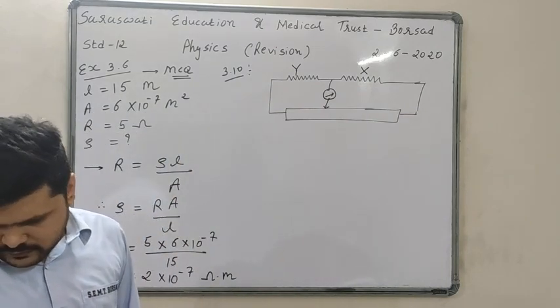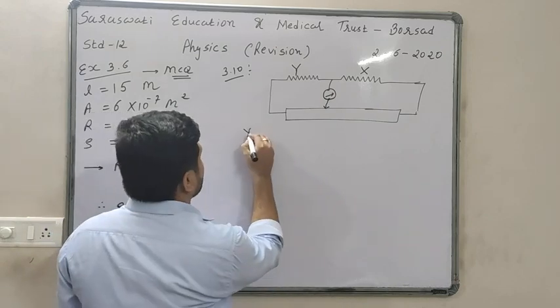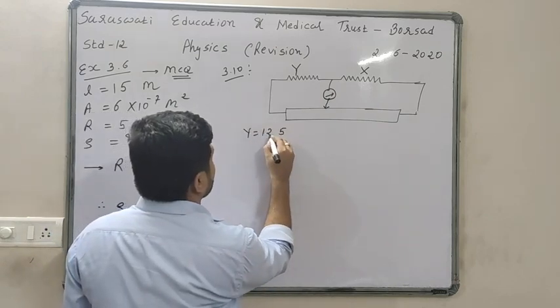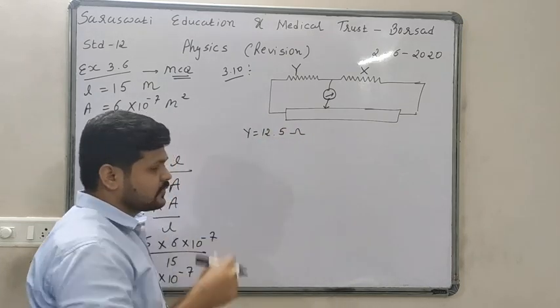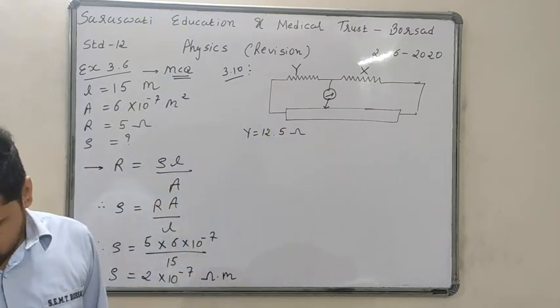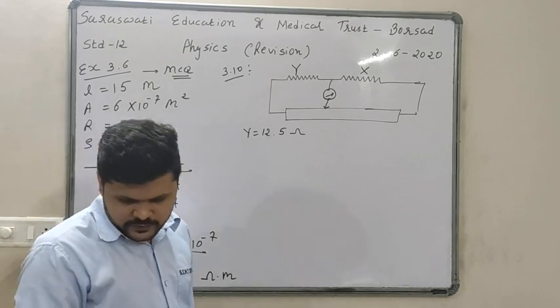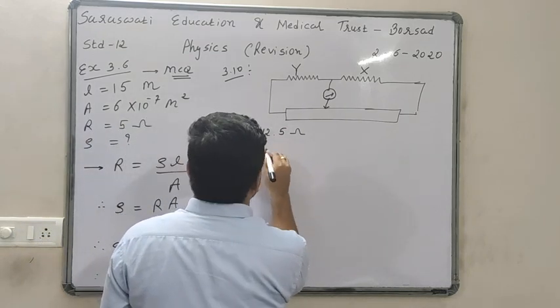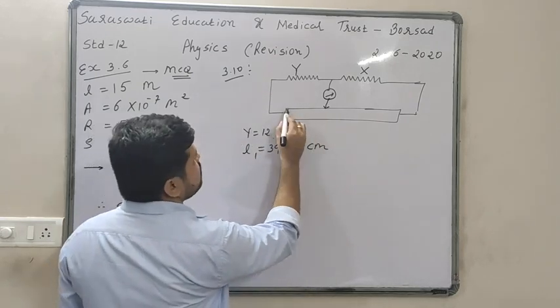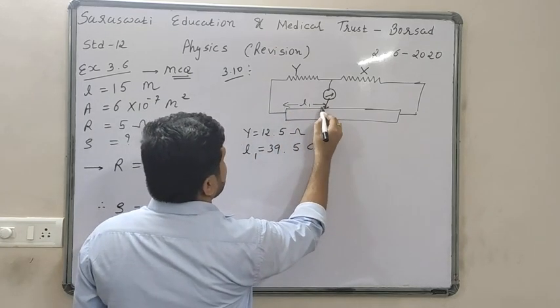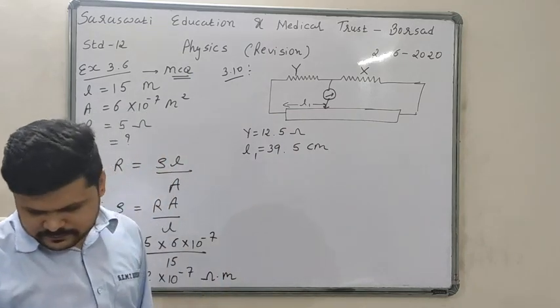We are given that resistance Y is 12.5 ohm. Then the null point is at 39.5 centimeter. This L1 is 39.5 centimeter.